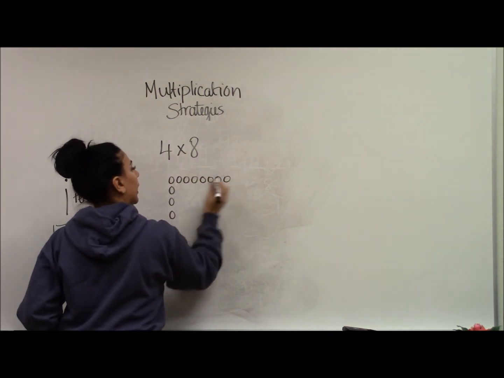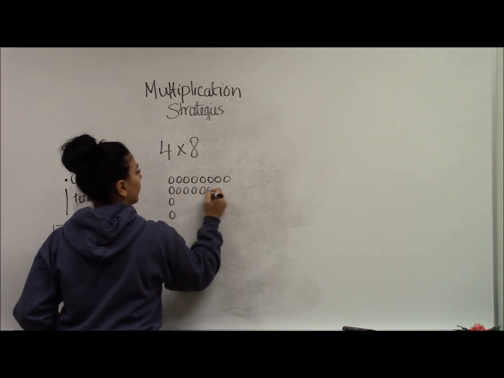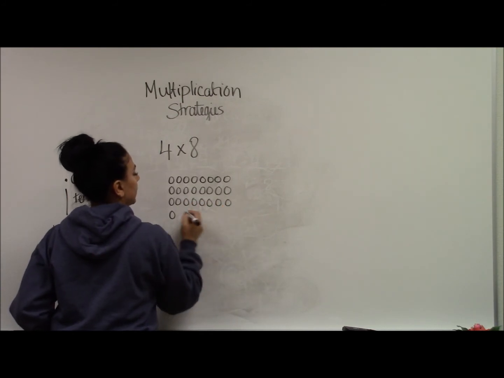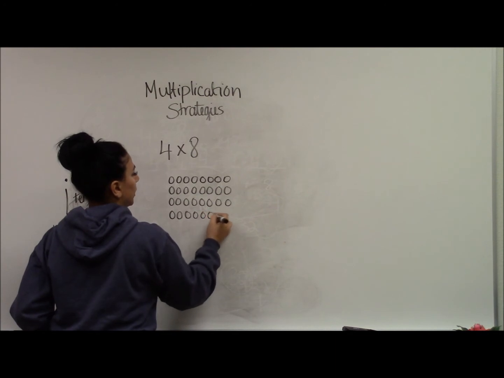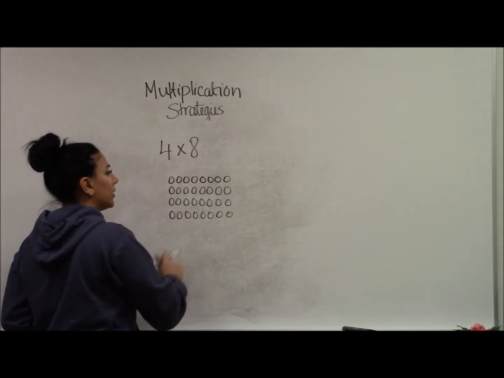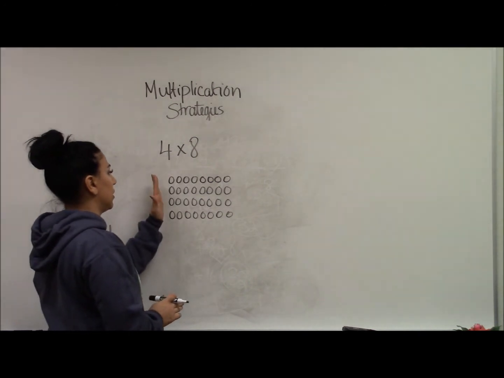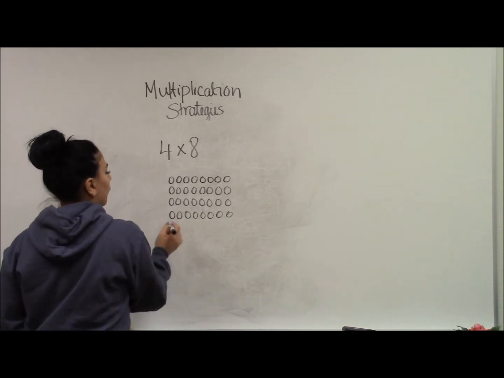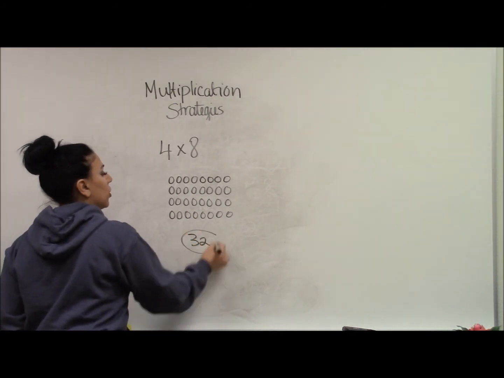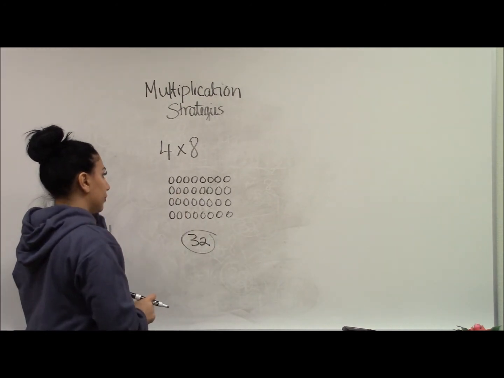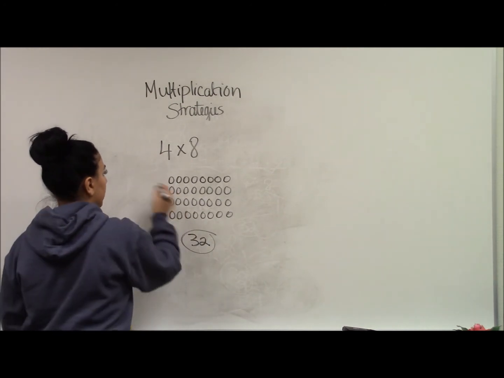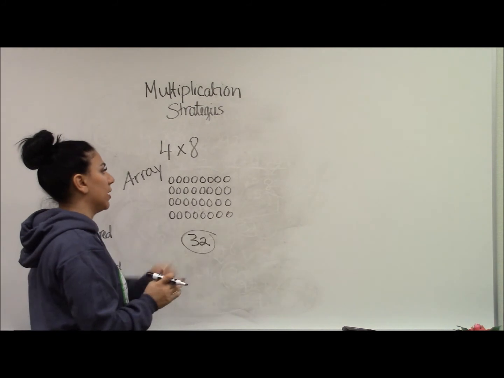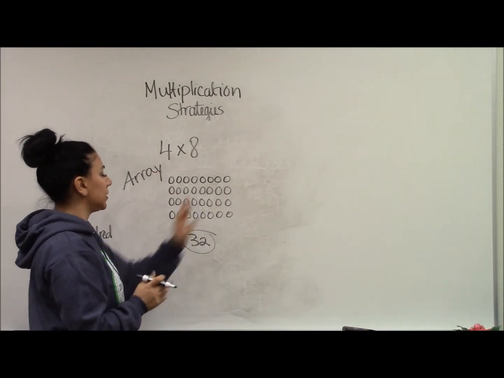And we'll get to the point where students are able to recognize that that's 4, 4, 4, 4, 8 times, or 4 8s this way. And of course our total is also 32 once they add all of their circles. And this is the array model, because we've created an array of 4 times 8.